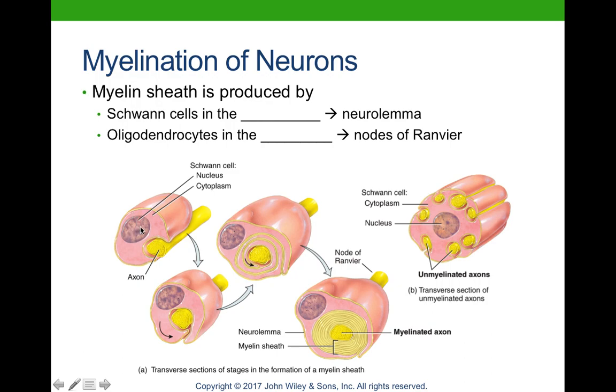The outer nucleated cytoplasmic layer of the Schwann cell, which encloses the myelin sheath, is called the neurolemma, or sheath of Schwann, and is found only around axons in the peripheral nervous system. The neurolemma aids in regeneration in injured axons by forming a regeneration tube that guides and stimulates regrowth of the axon. We will later talk more about regeneration.